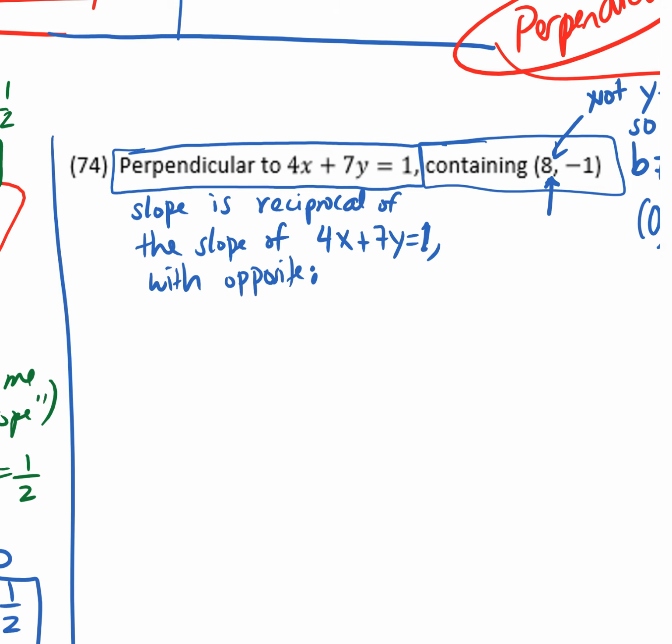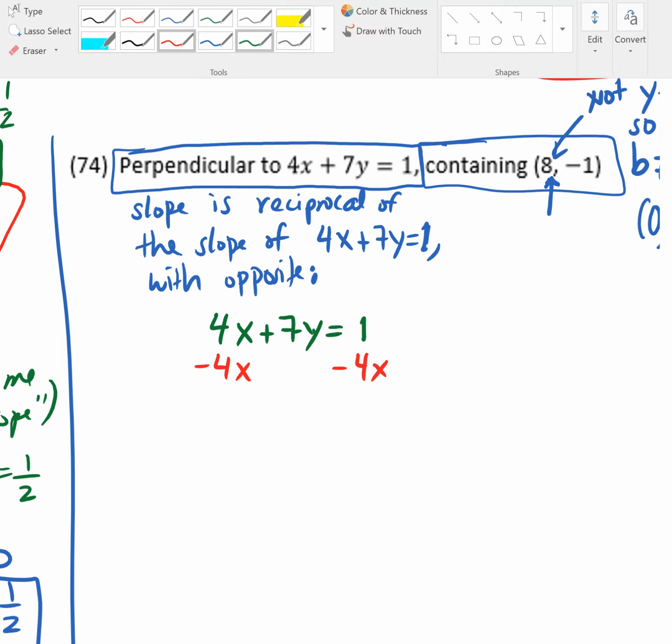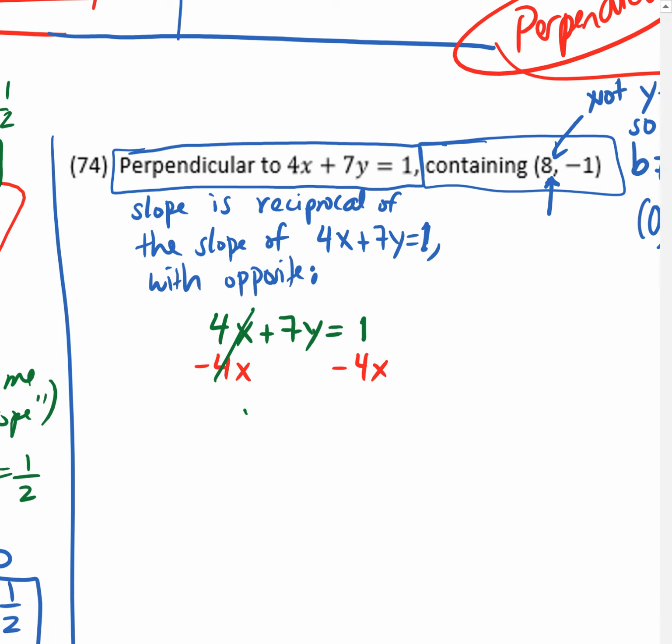But first, let's do like we were mentioning. We're going to take the equation of the line they gave me and isolate y so I can find its slope, and then find the reciprocal of that and change the sign. That'll give me the slope that I want for the line I'm looking for. So 7y is -4x plus 1.